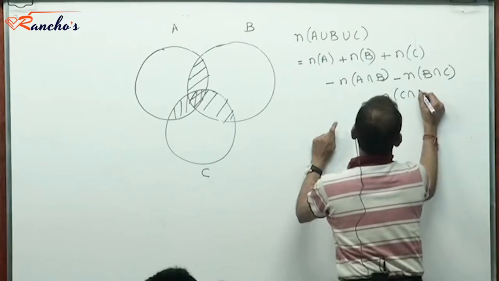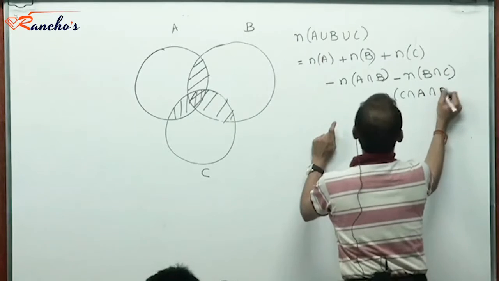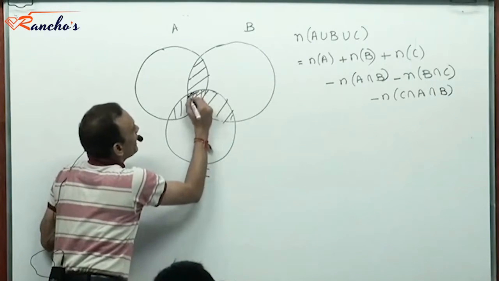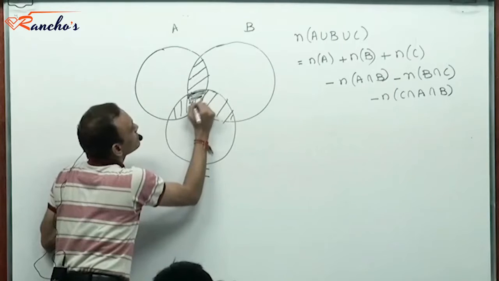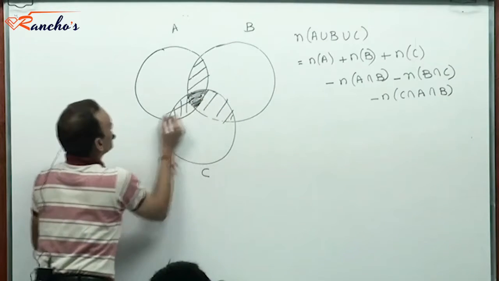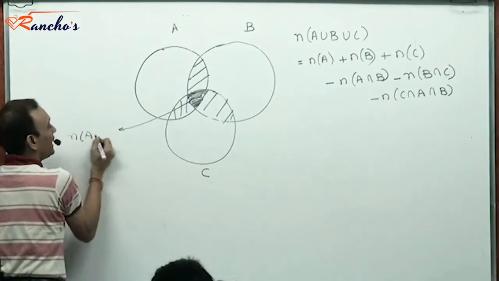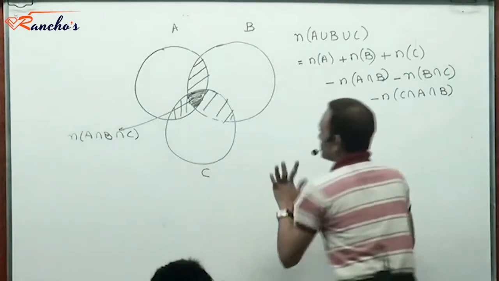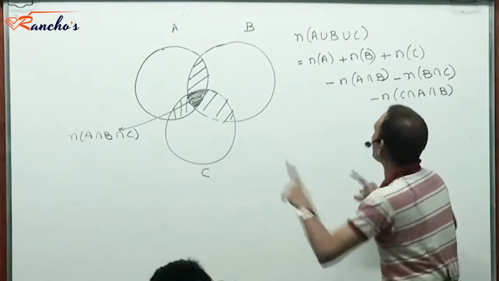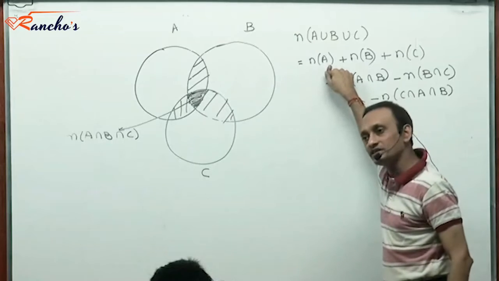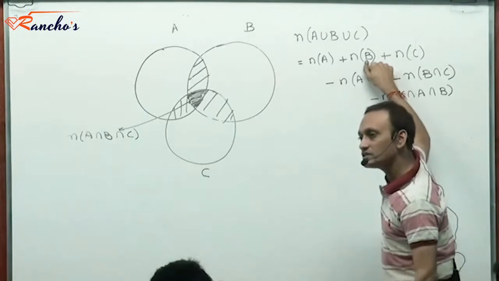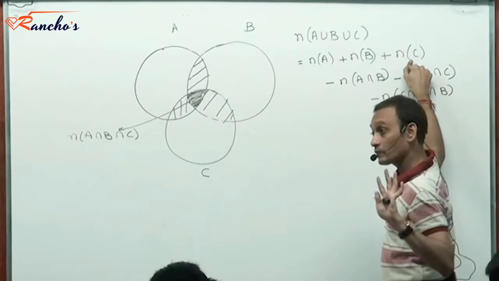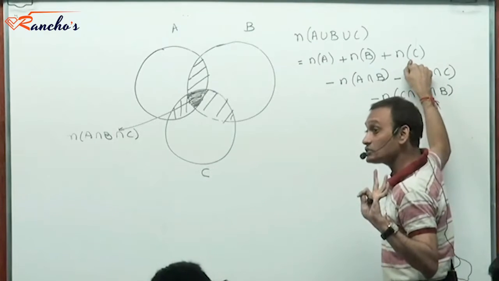Now, see, these elements that belong to A, B and C, look, please. These elements have been included once here, once here, once here. Yes or no? They have appeared thrice.